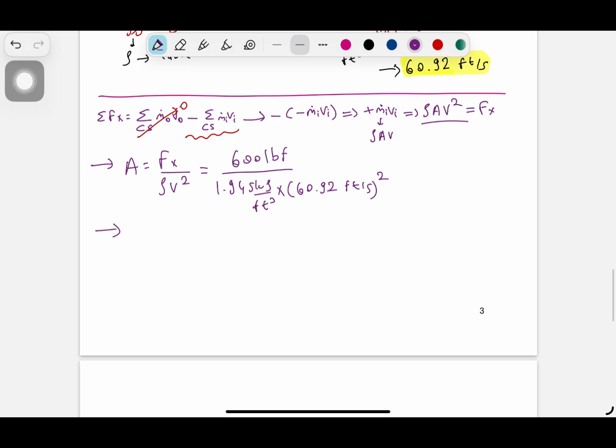And from here, the area is 0.0833 square feet. And of course, this is equal to pi D squared over 4. And from that, we can get diameter as 0.326 feet.